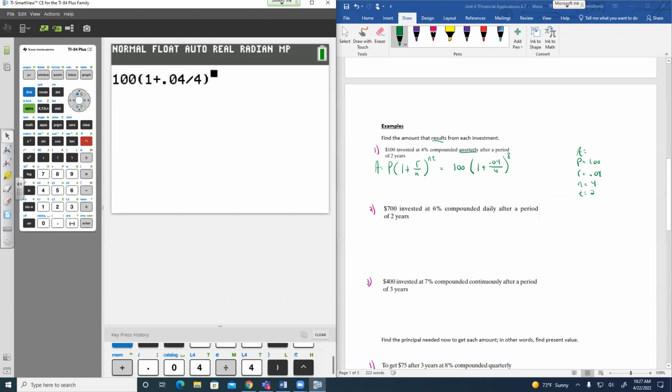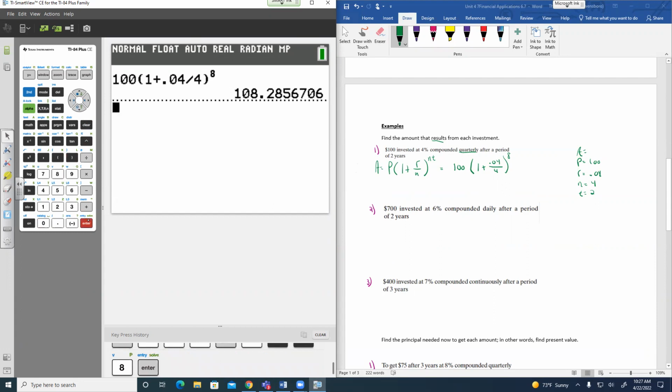If we raise that to 8, notice that our new investment will be $108, and usually they'll round to the nearest penny. So it looks like $108.29. So our final amount would be $108.29. Our investment in 2 years made about $8.29 in interest.